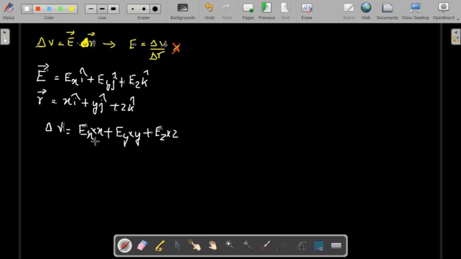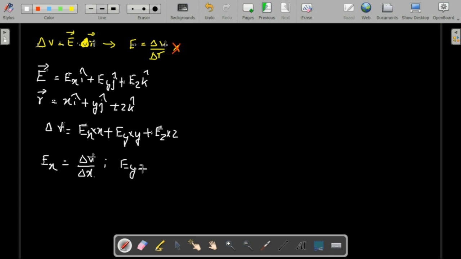Now if I want to find out the electric field along the x direction, y direction, and z direction, I can easily do it now. If I want to know my electric field along the x direction, I can write it down as the change in potential by the distance in the x direction.